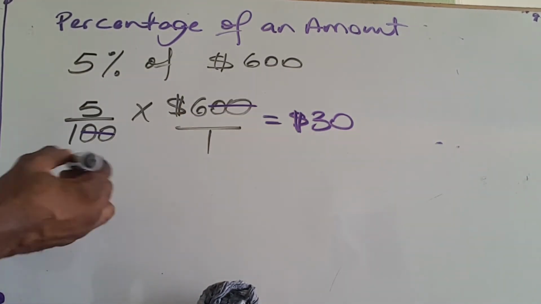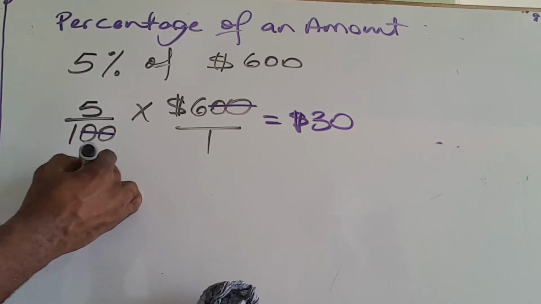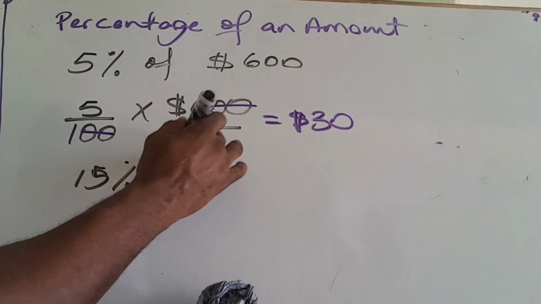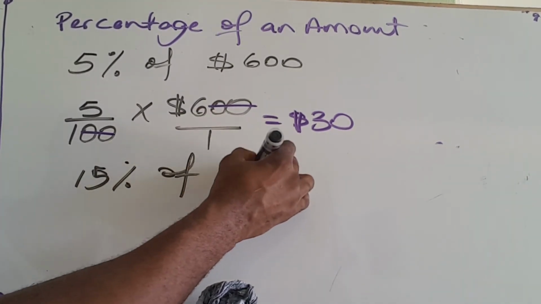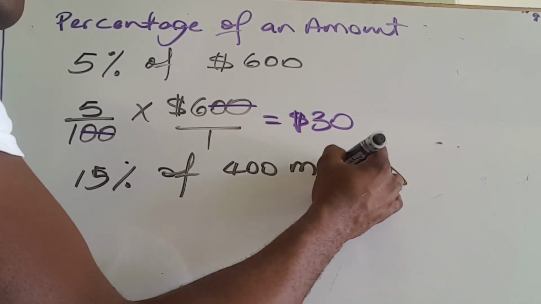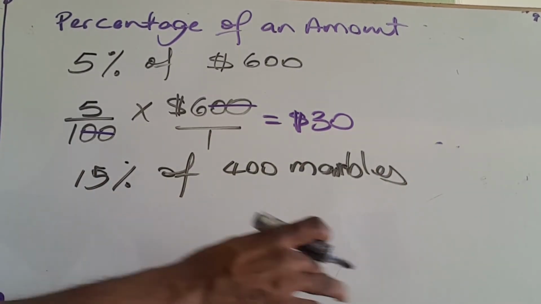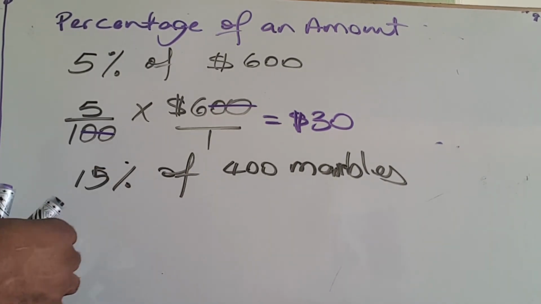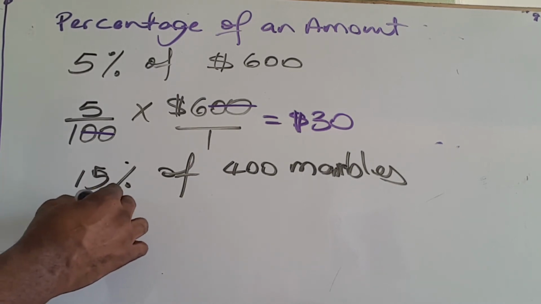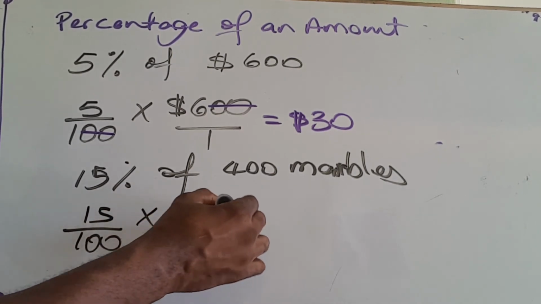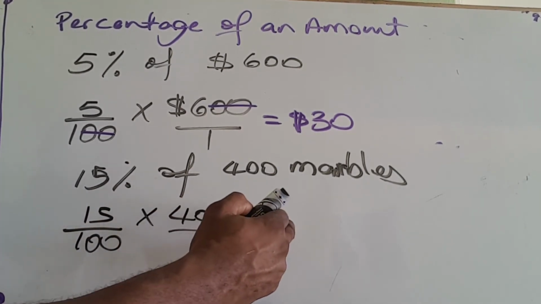Let's look at another one. What if we're finding, let's say, 15% of, I don't know, maybe 400 marbles? Well, we're finding 15% of some marbles. What am I looking at? I am looking at 15 over 100 multiplied by 400 marbles.